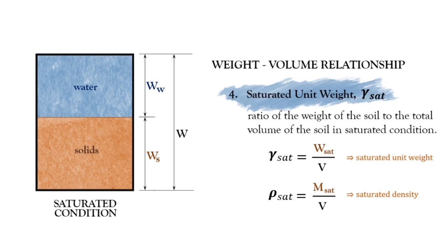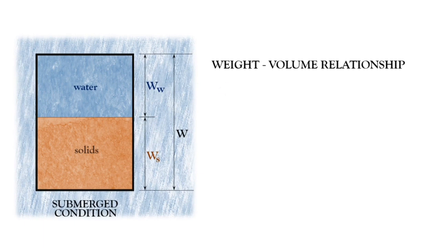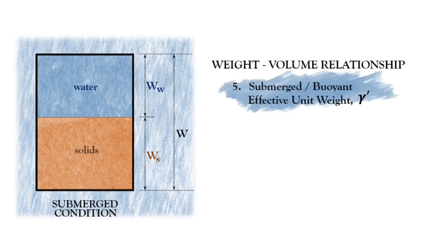Posible rin na magkaroon tayo ng isa pang condition wherein yung soil sample natin is submerged sa tubig. So, ang tawag natin dito is submerged or buoyant effective unit weight. So, ang designation natin sa kanya is gamma prime.